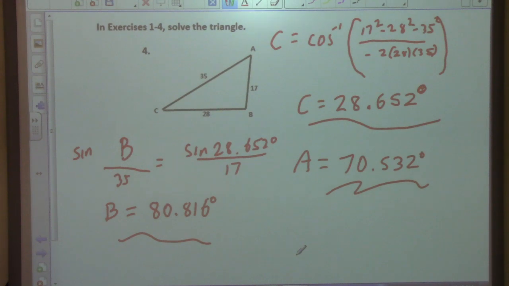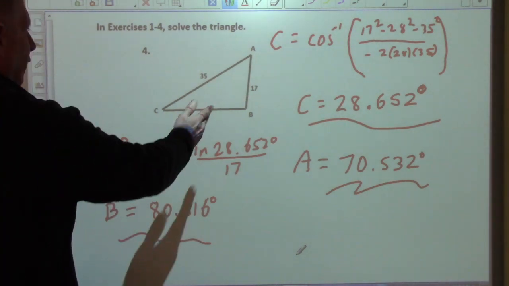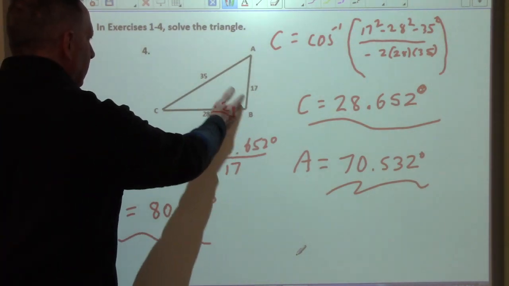So my recommendation, when you have a situation like this, is to solve for the largest angle first.